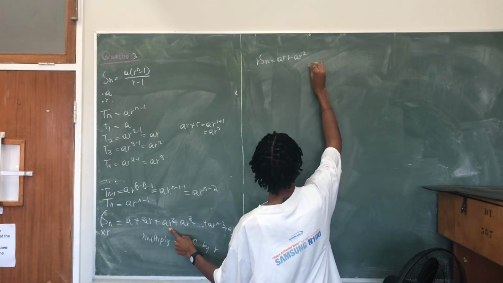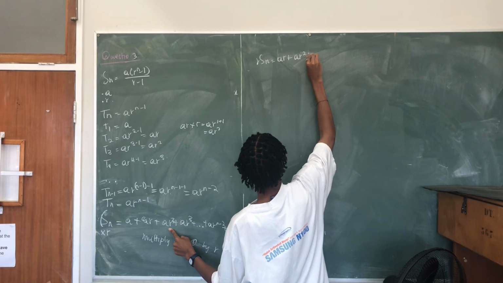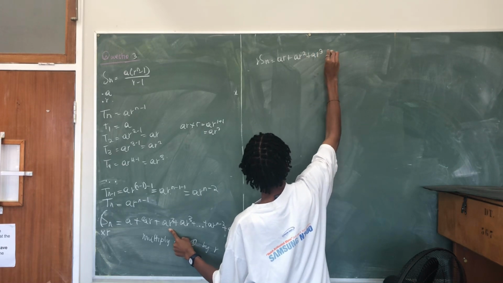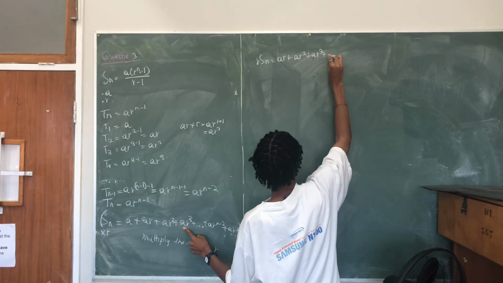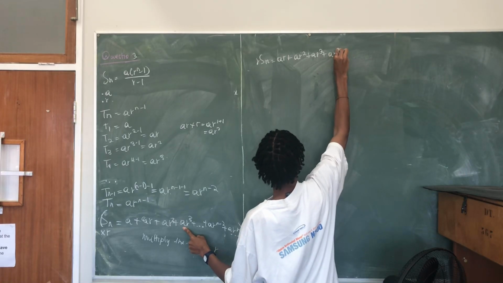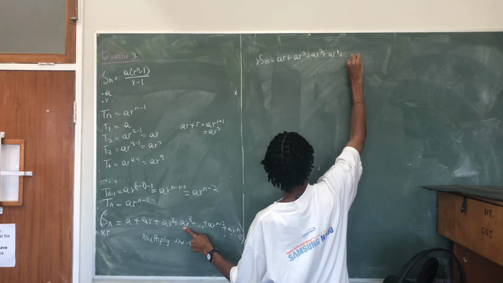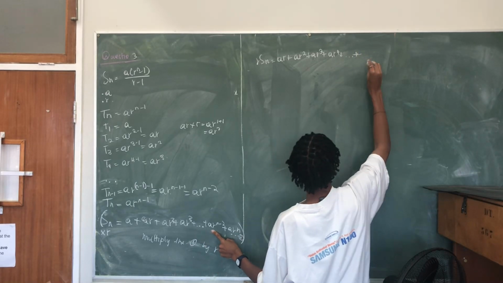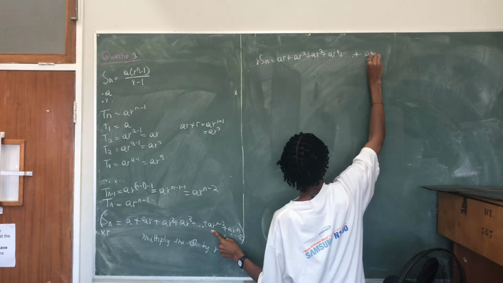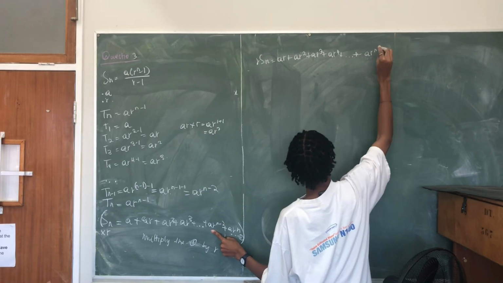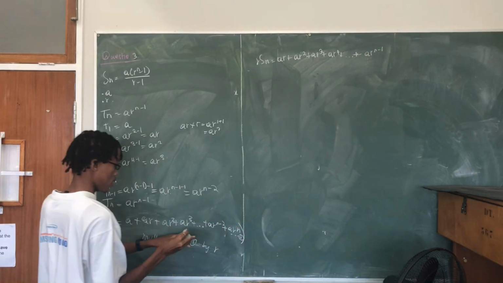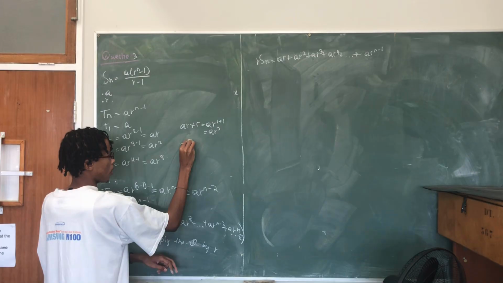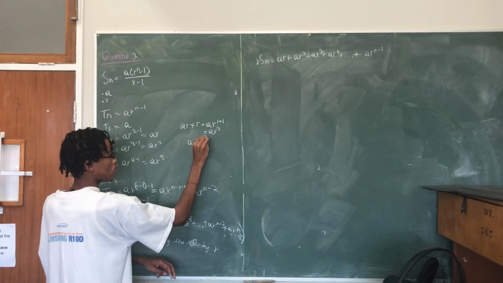And then for this one, I'm going to have a r to the power 3. This one, a r to the power 4, plus many that come between. And then for this one, we're going to have a r to the power n minus 1, because it was a r to the power n minus 2.